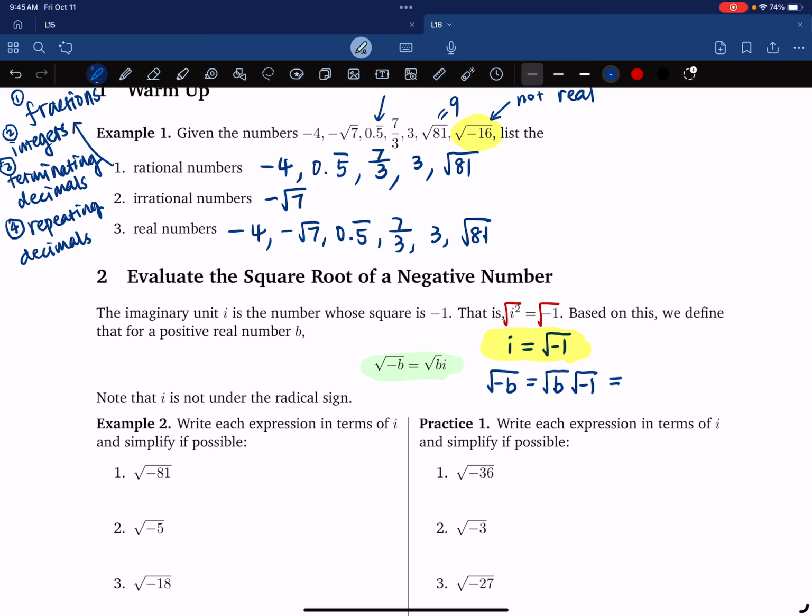And then notice the magic. Actually, it's not magic. It's just a substitution. So we have square root of b. That's just square root of b. And then we also have square root of -1. What is square root of -1? It's i. We just got this equation right here. Square root of -1 is i. So we don't write square root of -1. We write i.